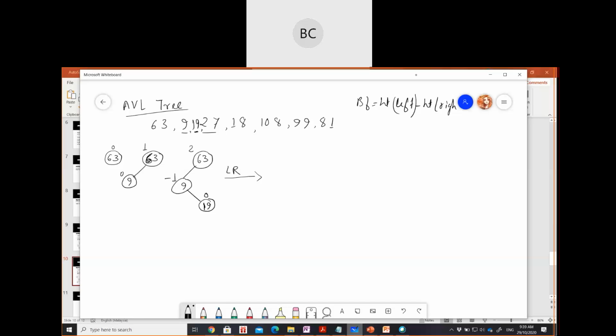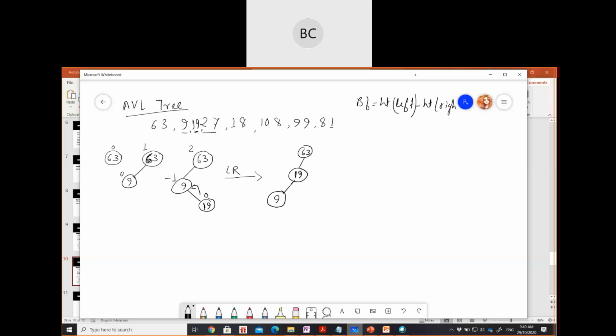First, we will perform a left rotation. That means for 63, first we are going to just pull this one here. That means your 19 will come here. Okay. Then your 9 will go down here.